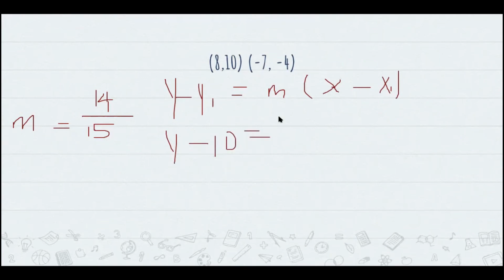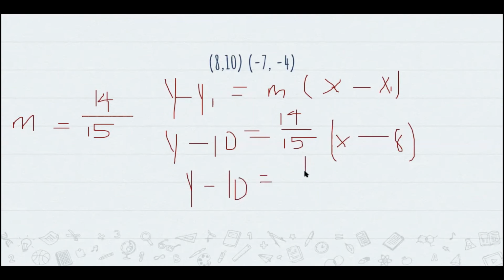Our m is 14 over 15. Our x1 is 8. So we would first distribute the 14 over 15 to x. That gives you 14 over 15x. Then you would multiply it to negative 8. That gives you 112 over 15.